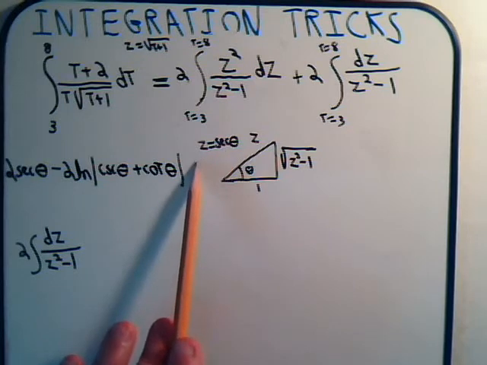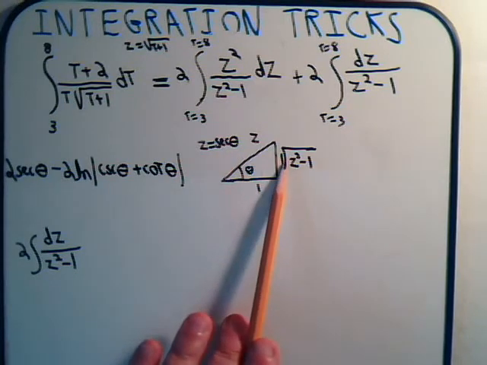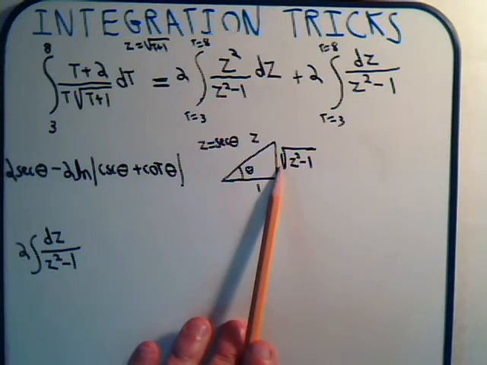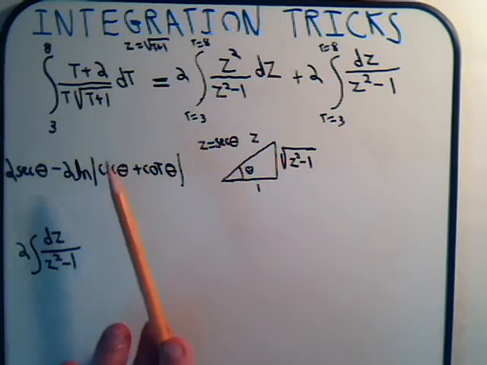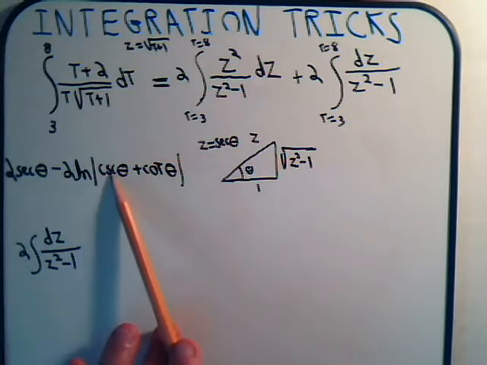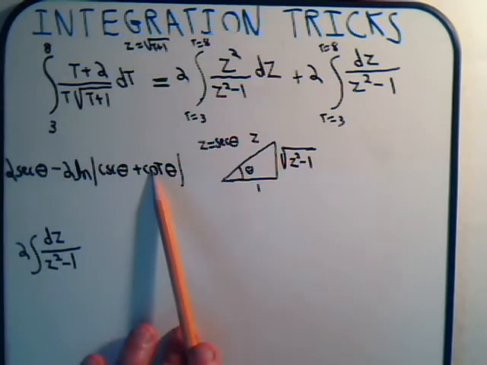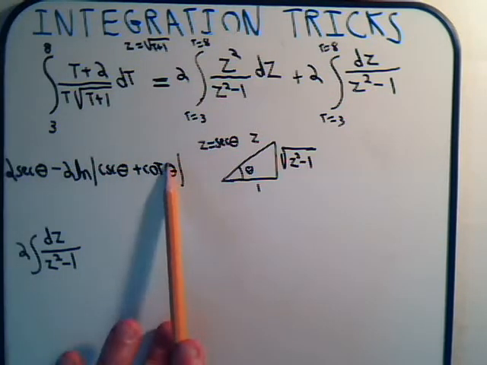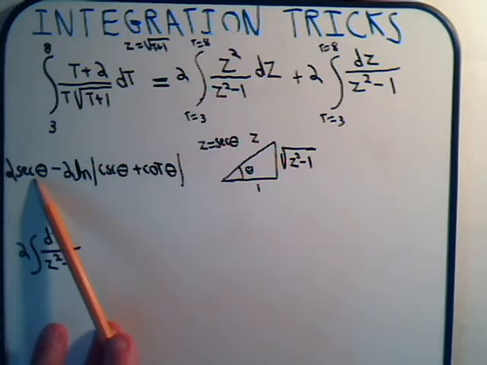Secant of theta is z divided by 1. So this side here is the square root of z squared minus 1. So by looking at the triangle, we can immediately determine what the cosecant is and what the cotangent is. So we can make these substitutions and get this expressed in terms of the variable z.